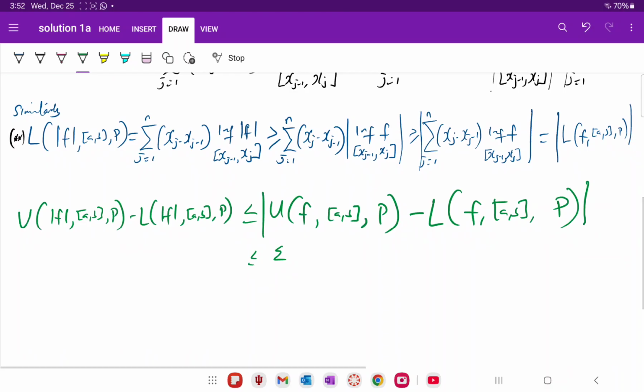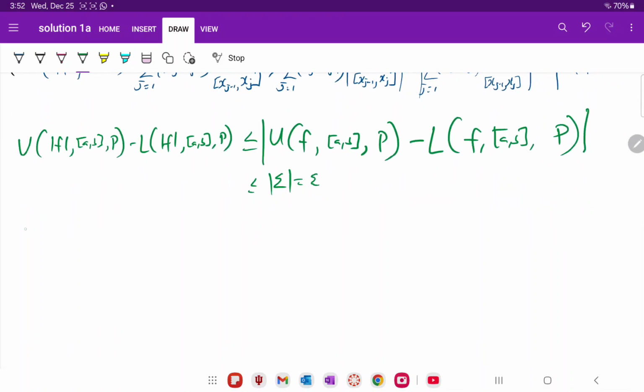Since f is Riemann integrable, this is less than epsilon, because epsilon is always greater than 0. So thus the modulus of f is Riemann integrable.